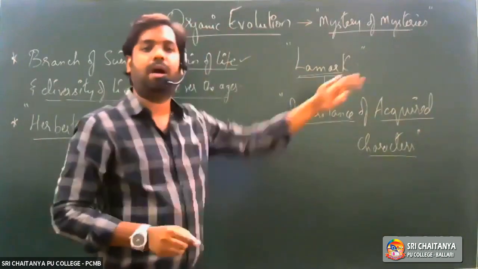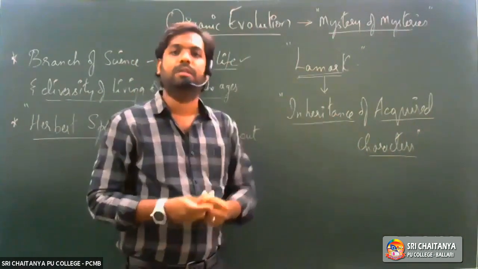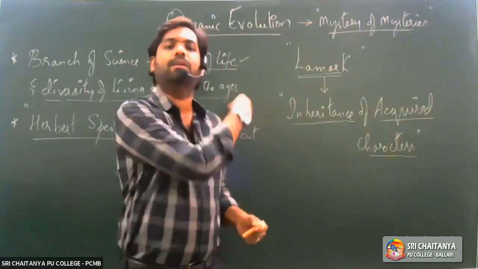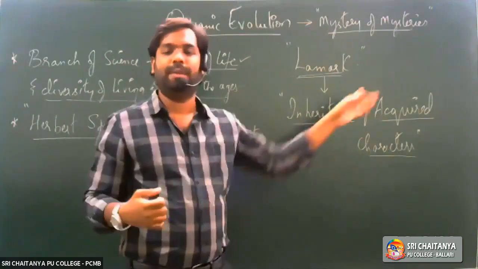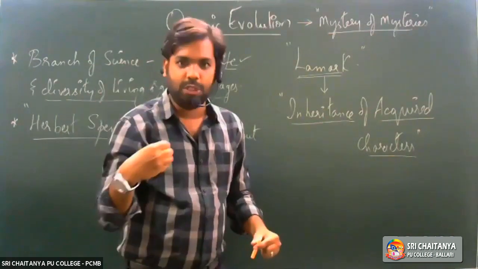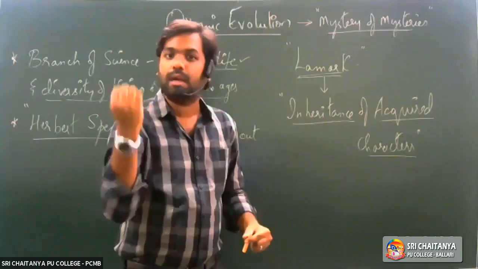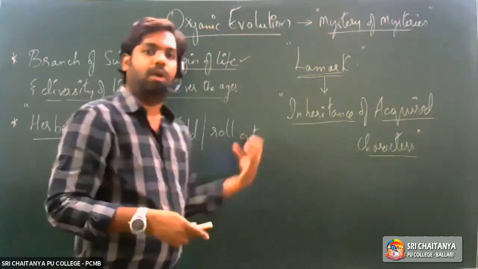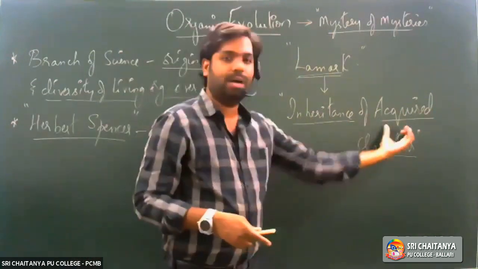Now, what does acquired character mean? Characters which are acquired during the lifetime of that particular organism, characters acquired in an individual over a period of time, we call acquired characters.